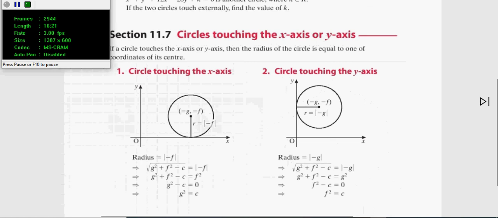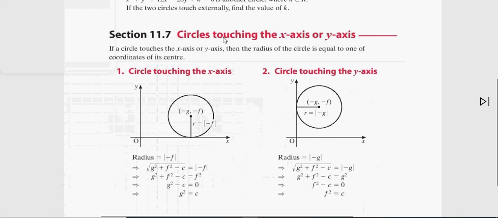Now, if you go to exercise 11.7, circle touching the x and y axis. What you know is that there's a rule here, and when the circle touches the x axis, it's g squared equals c. When the circle touches the y axis, it's f squared equals c.